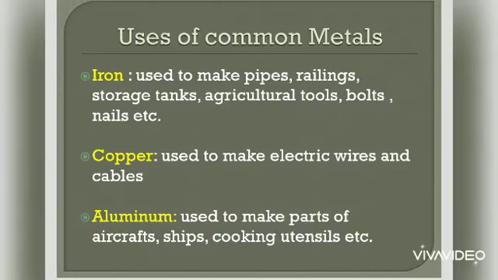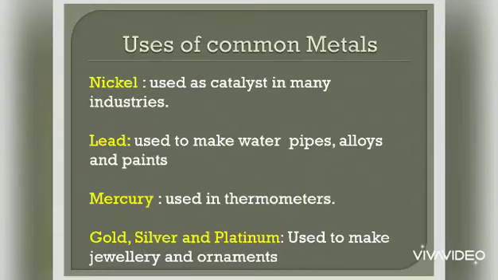The next metal is aluminium, which is used to make parts of aircraft, ships, and cooking utensils. Next is nickel, which is used as a catalyst in many industries. Now, what do we mean by catalyst? A catalyst is a substance which alters the rate of reaction, meaning it can decrease or increase the rate of reaction.